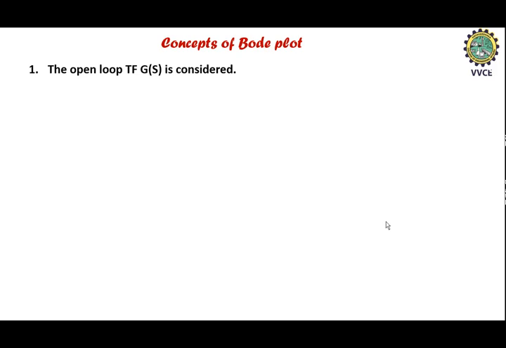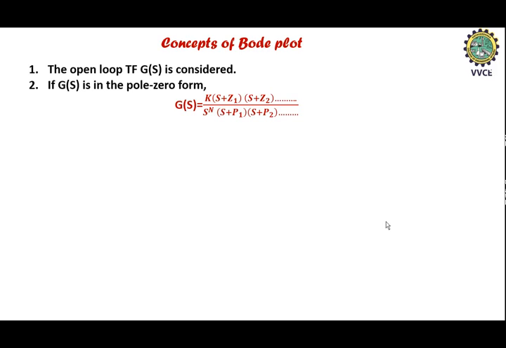We need to consider the open loop transfer function G(s) or G(s)H(s). If G(s) is in the pole-zero form, it is K into (s plus z1)(s plus z2), where the z's indicate zeros, and in the denominator the p1, p2, p3 indicate poles. s to the power n is nothing but the pole at the origin. Zeros at the origin can also be present.